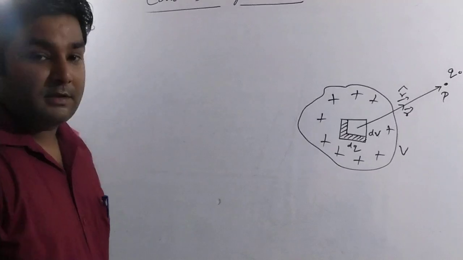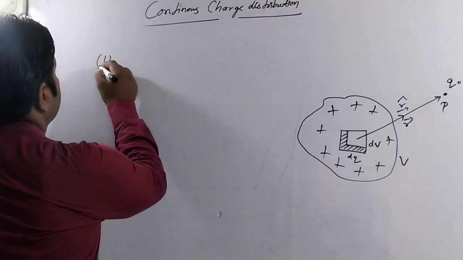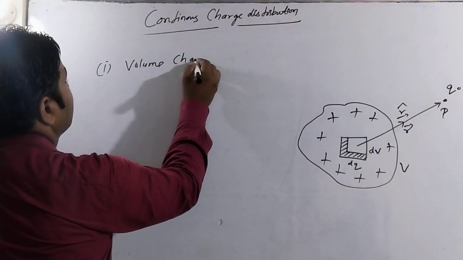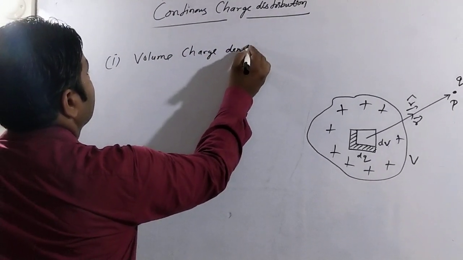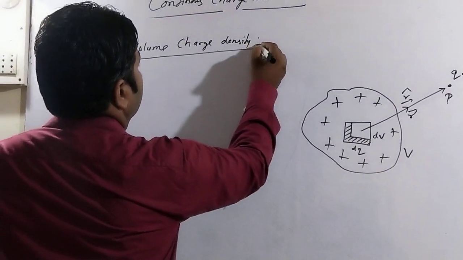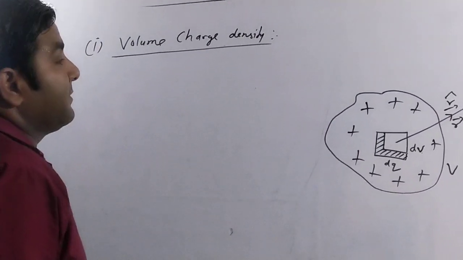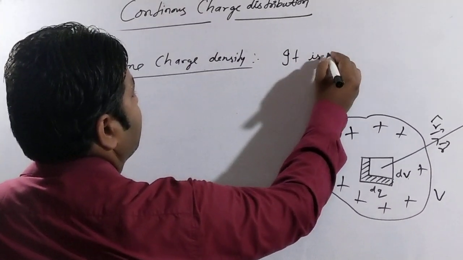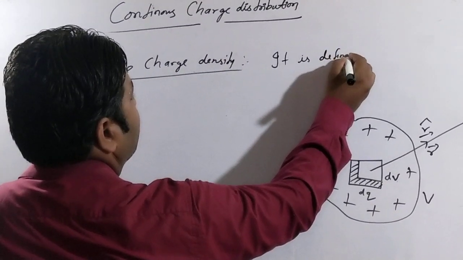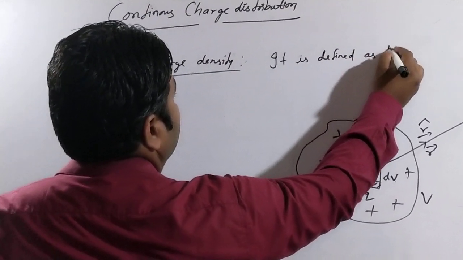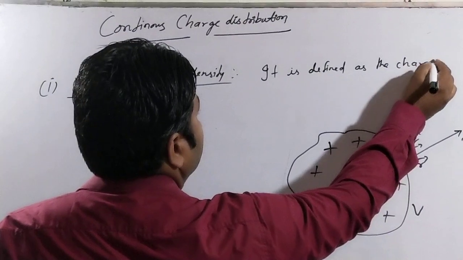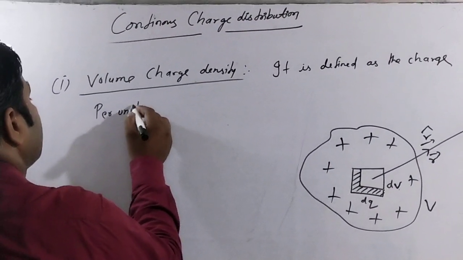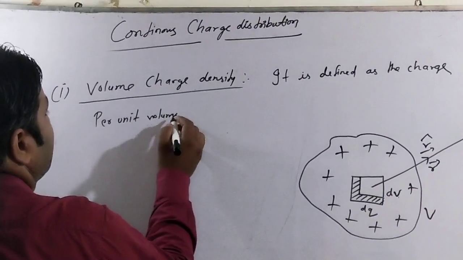Number one, that is volume charge density. It is defined as the charge per unit volume.